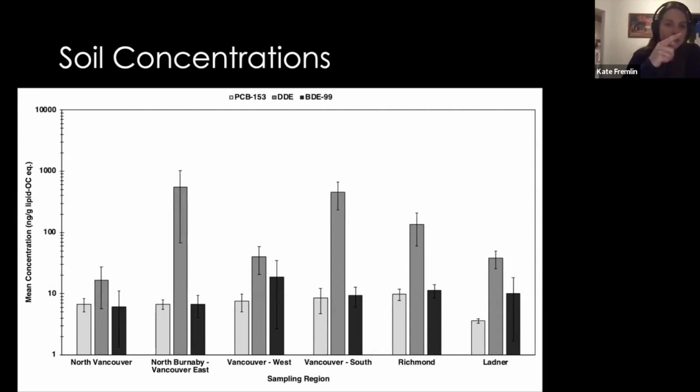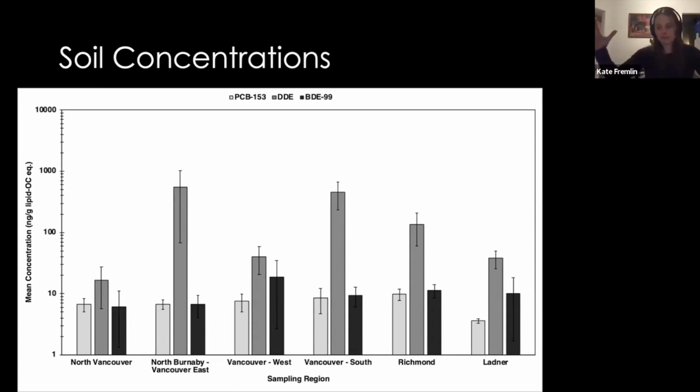But as I mentioned with DDT, another reason we still see it at quite high levels is that we're still allowed to use it in certain countries for malaria control because it's so effective.